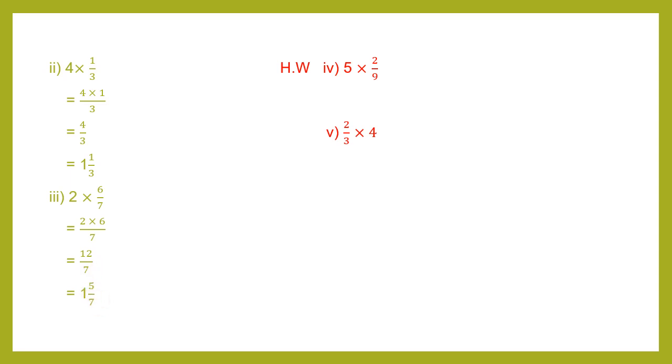So 12 divided by 7. 7 ones are 7. 12 minus 7, that is 5. This division part you have to do yourself. Now question number 4.